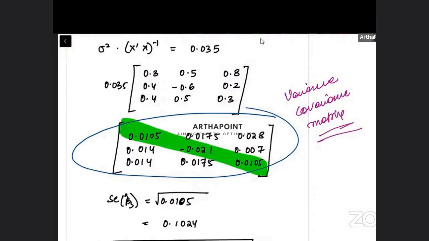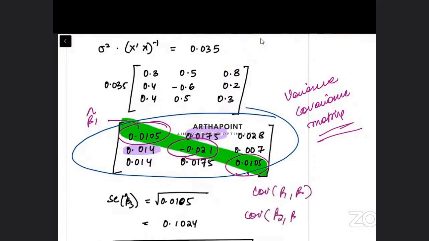This has the variance of beta 1 hat, variance of beta 2 hat, variance of beta 3 hat, and actually the other values are covariances. Now here they have given the values wrong, because covariances should match. The value that comes here, exactly the same value should come here. These are covariances. So whether I find the covariance between beta 1 and beta 2 or between beta 2 and beta 1, I should get the same answer, but that is not happening. Maybe that is why they thought the question is wrong and they gave marks to all.